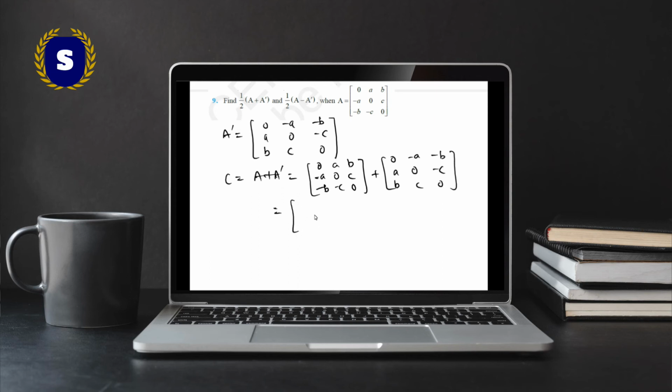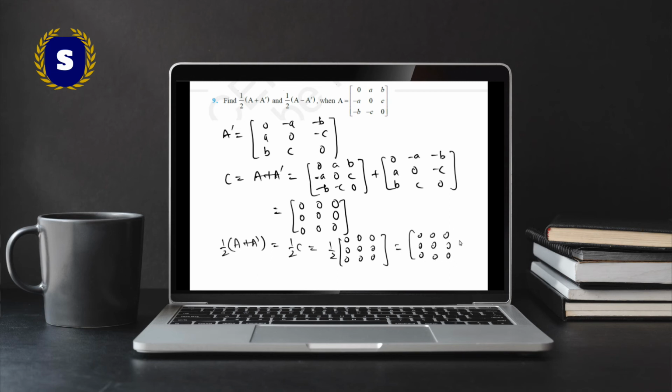Its sum comes out to be 0 0 0, 0 0 0 and 0 0 0. Right? So half of A plus A transpose is equal to half of C, that is half of null matrix, that is equal to null matrix only. Right?